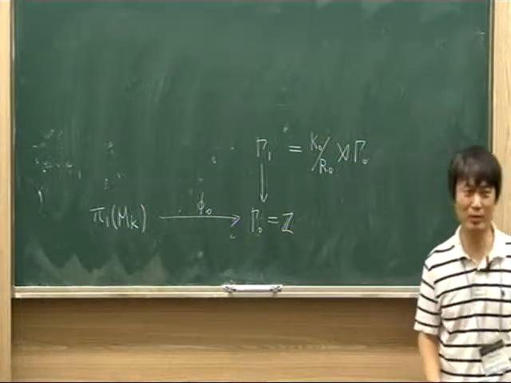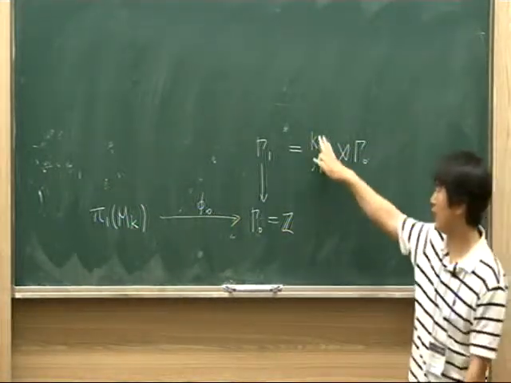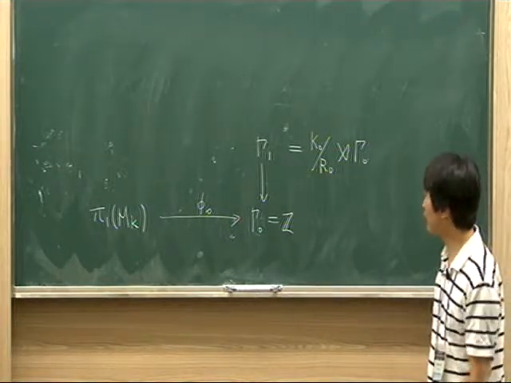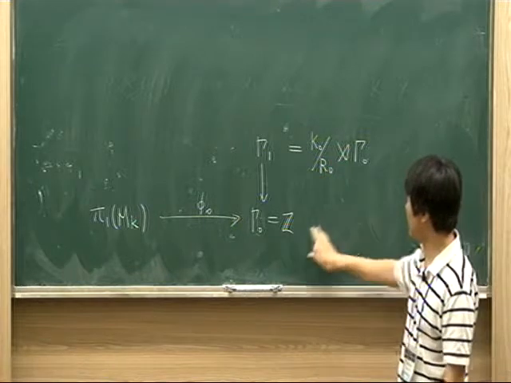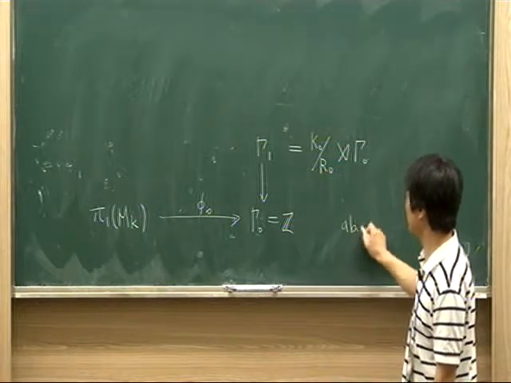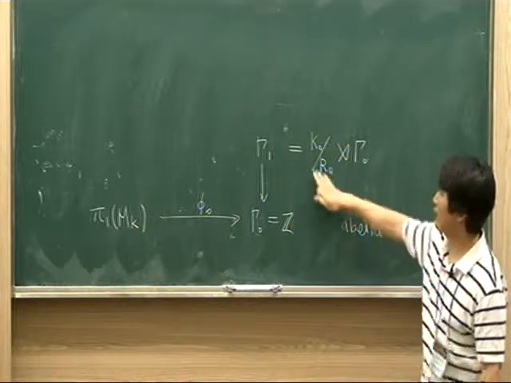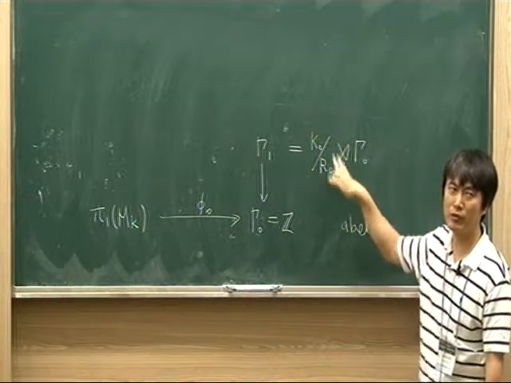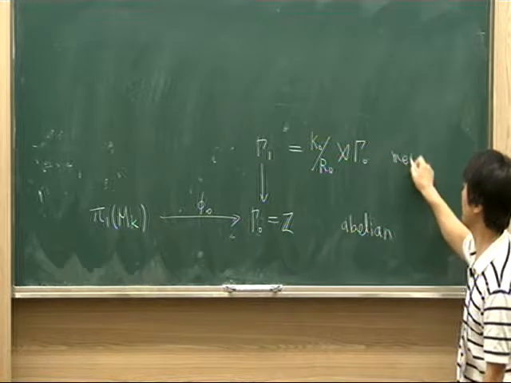So this is getting complicated, and I'm going to talk about what K0 and R0 are a few minutes later. So again, first of all, this is abelian, and this quotient group is an abelian group, so this is the semi-direct product of two abelian groups, so this is metabelian.